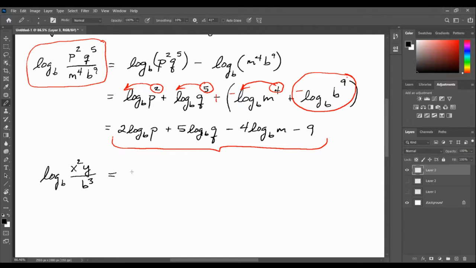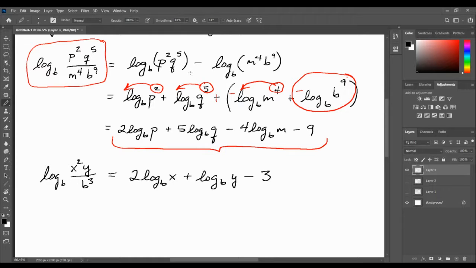Power is going to go out in front, and because this is in the numerator, it'll be positive. Power is 1, so even if we bring that out in front, it's not going to make a difference. Log base b of y, and then we'll subtract because the b cubed is in the denominator. Log base b of b cubed is just 3.